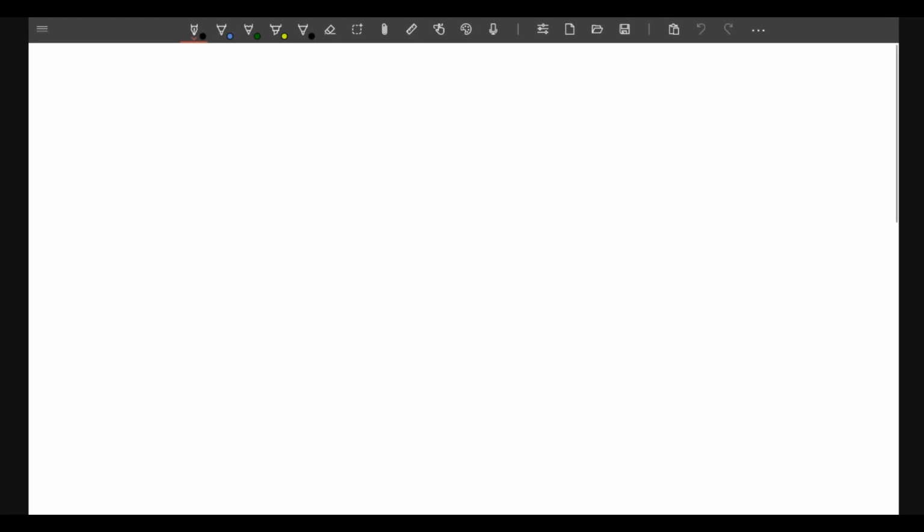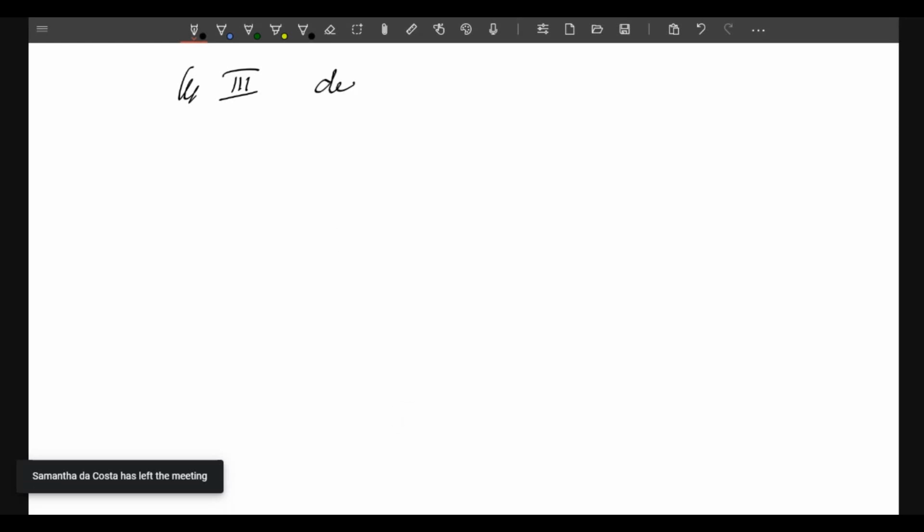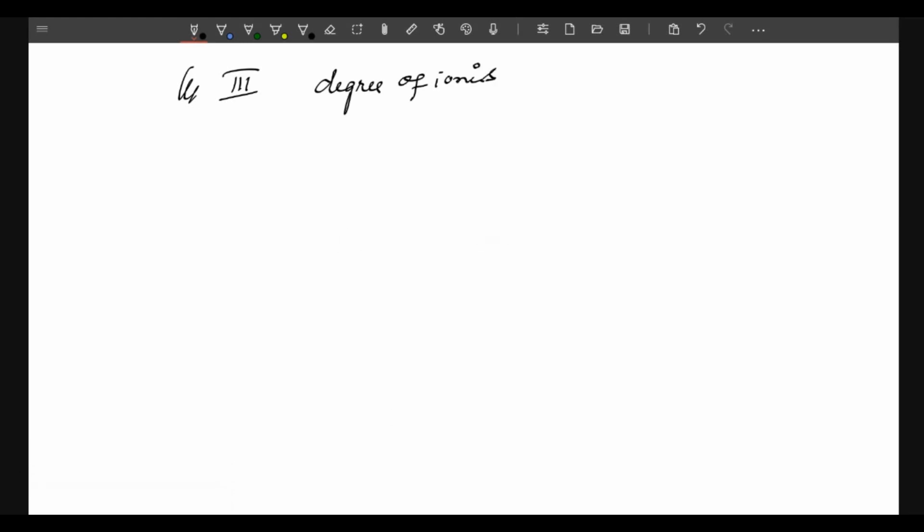The third application of the Kohlrausch law is the degree of ionization of a weak electrolyte. The degree of ionization of a weak electrolyte can be calculated using the conductivity measurements.